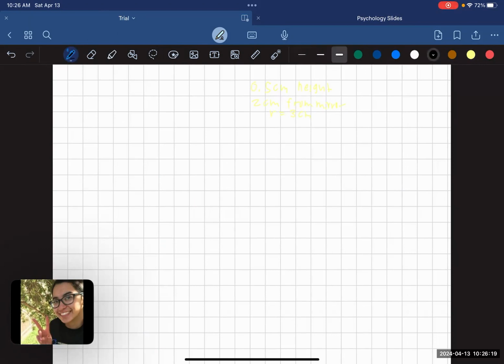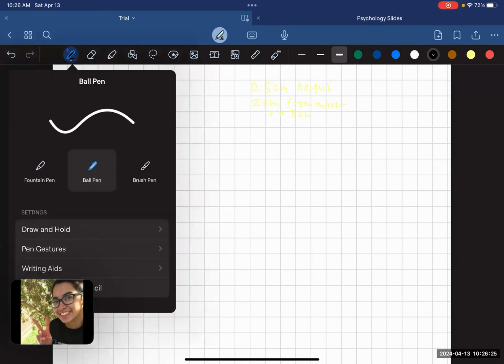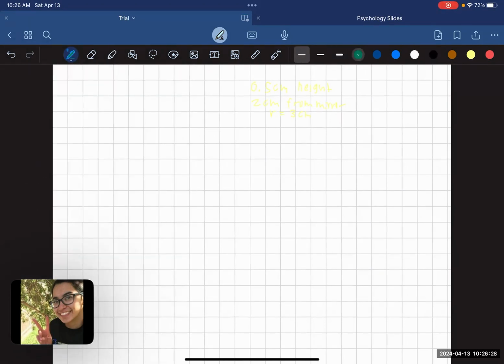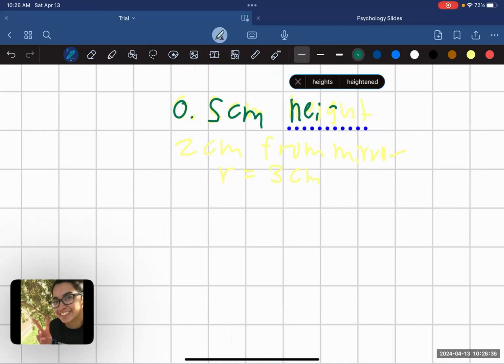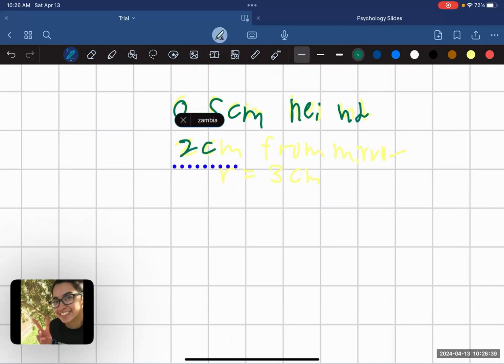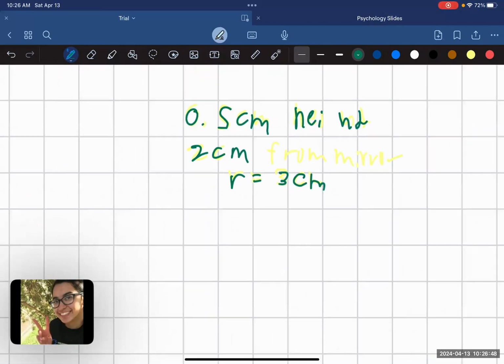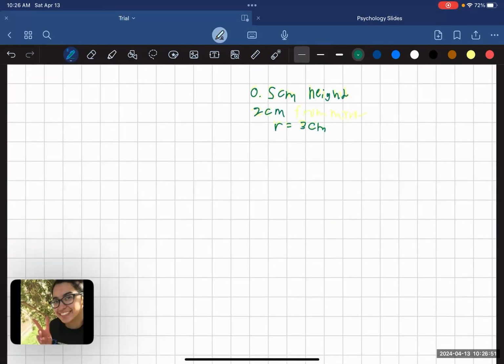I guess you can see it well enough. Cool. So then we can go ahead and draw our mirror. Something like that, probably.